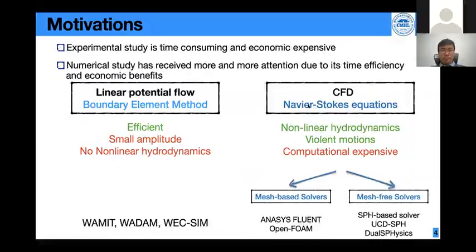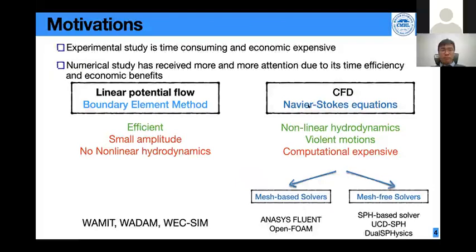So as we know, experimental study is time-consuming and economically expensive in the study of wave energy converters. Therefore, numerical study has received more and more attention due to its time efficiency and economic benefits. In the past decades, there have been two approaches for the modeling of wave energy converters.